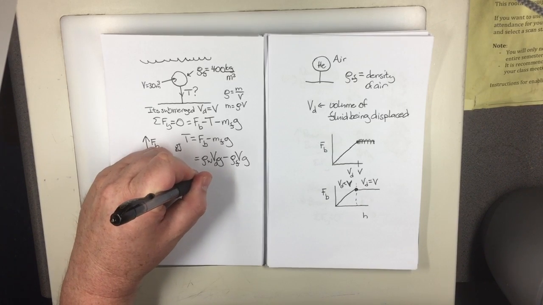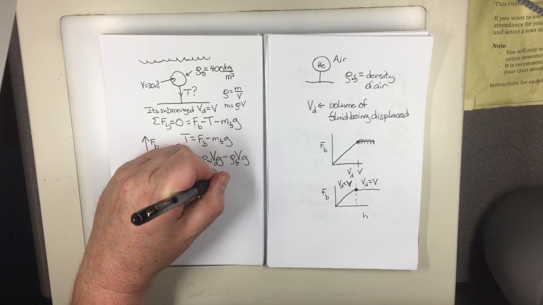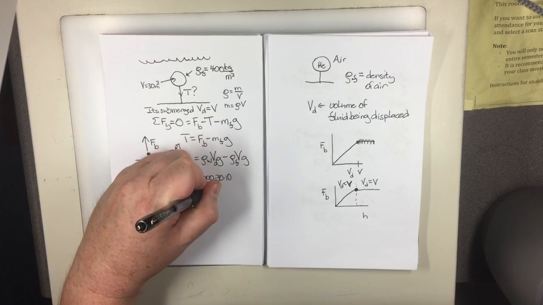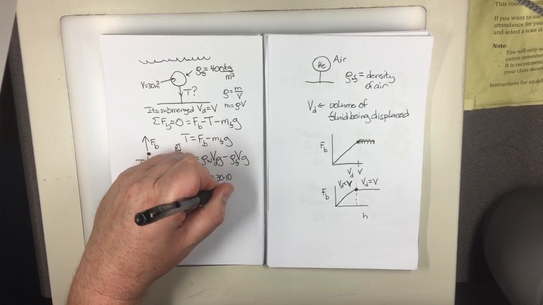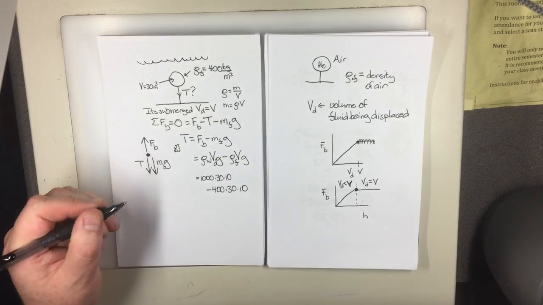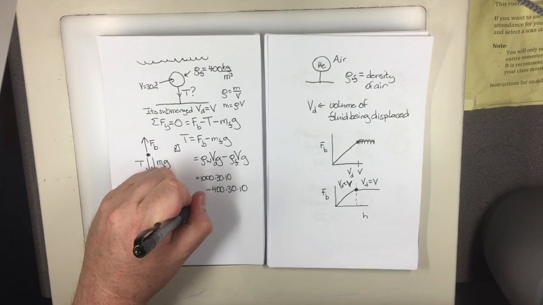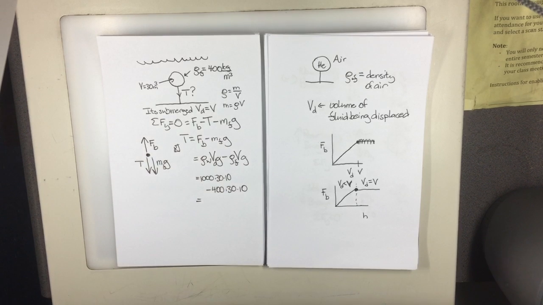This means you use 1,000 times 30 times 10, minus 400 times 30 times 10. Now really it's 600 times 300, or 18,000, I think.